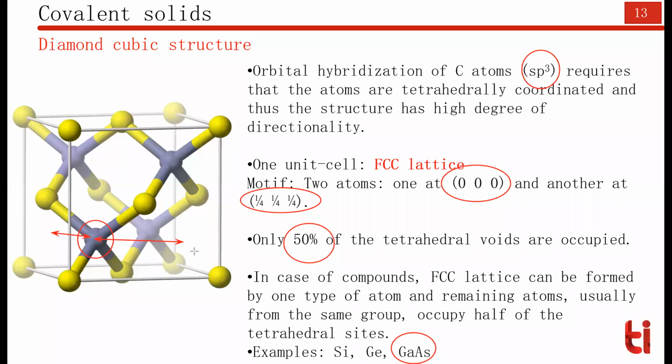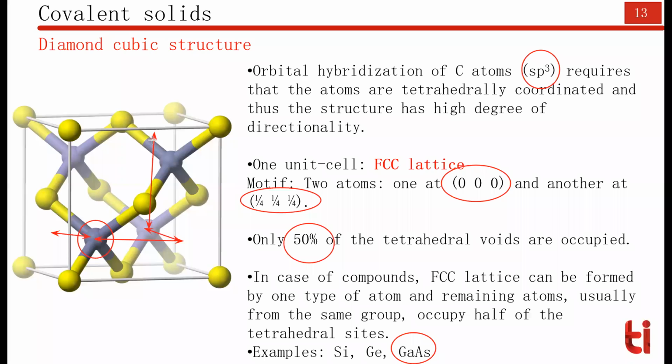So on the front face, on the right hand side, where my cursor is at this position, you have an empty tetrahedral site. And now if I go backward from that point, you will see there is an occupied tetrahedral site. Now if I go from this side on the top, you will see there is an empty tetrahedral site.